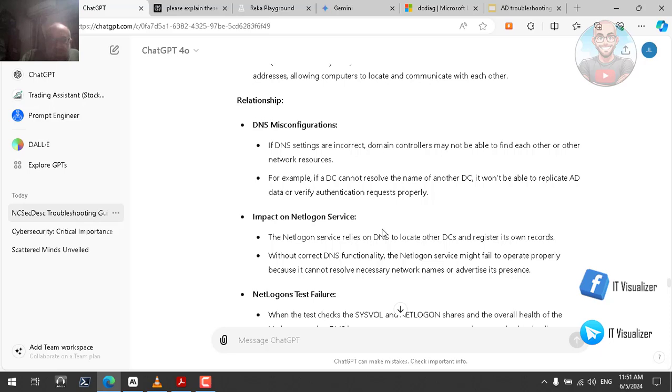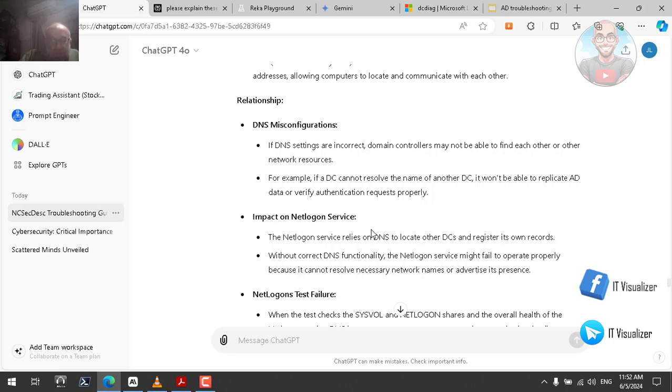Okay, for example, if a user is trying to authenticate to a certain domain controller, the Netlogon service should search for this domain controller through the DNS. So he's saying without correct DNS functionality, the Netlogon service might fail to operate properly because it cannot resolve necessary network names or advertise its presence.